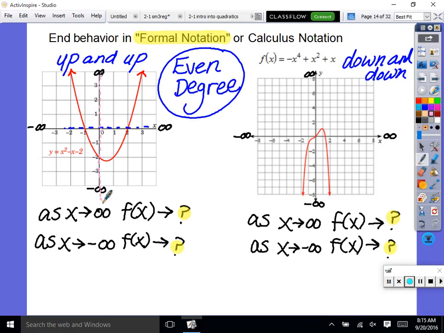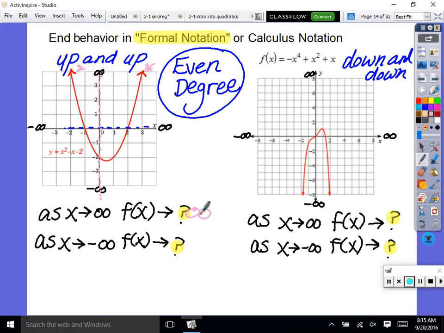Okay. So we're going to state end behavior. We know this one is up and up, correct? Up and up. Okay. So we have to state it like this. So as x is approaching positive infinity, so as x is going this way, where's your function approaching? So as x gets larger and larger, as x approaches positive infinity, isn't our function approaching positive infinity on the y?